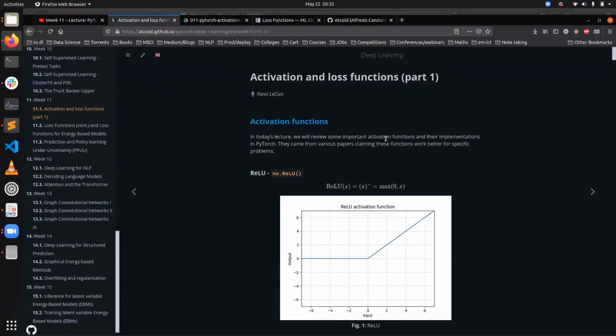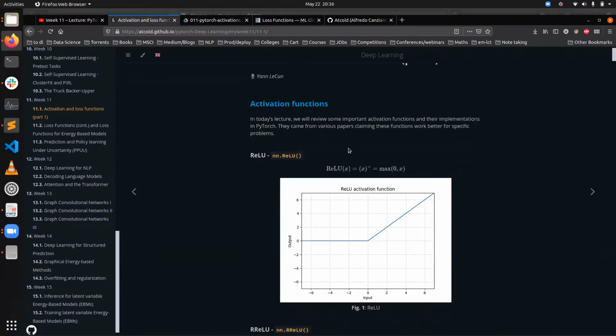He just lists down all the activation functions and loss functions that are available in PyTorch, the advantages and disadvantages of each of them, which one is suitable for what type of architecture, and also at the end, loss functions specific to energy based models. That's pretty much what he includes in this lecture. So let's dive right in.